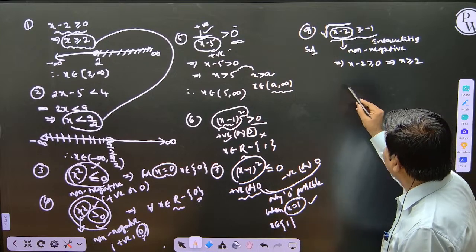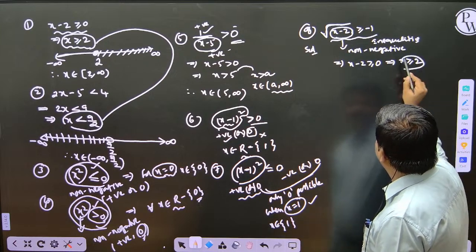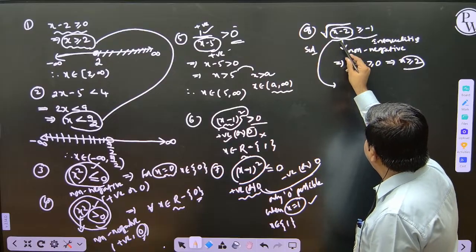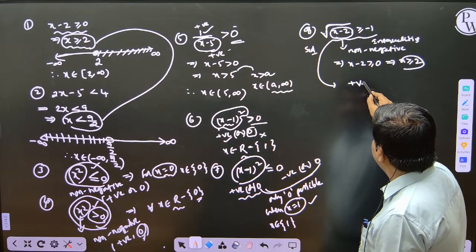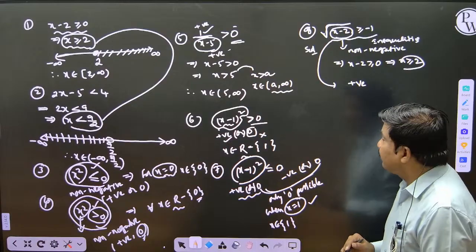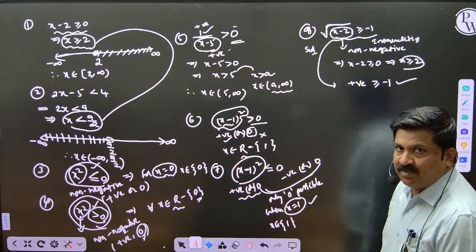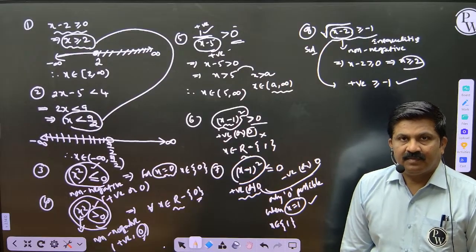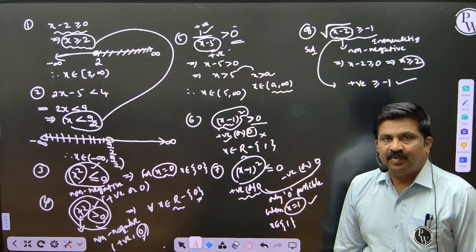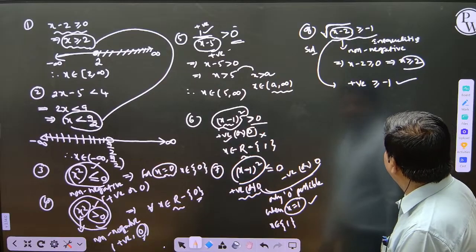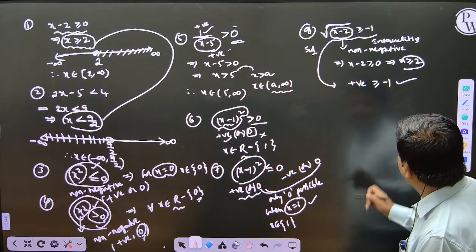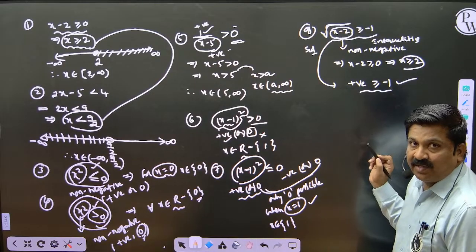So now once x is greater than or equal to 2, the value under the square root is always positive or 0. So positive is always greater than or equal to minus 1, possible or not?